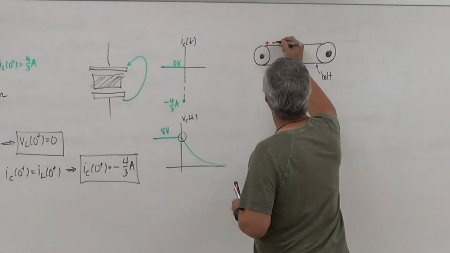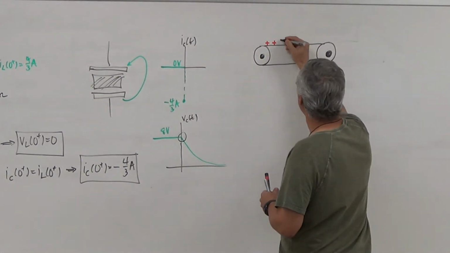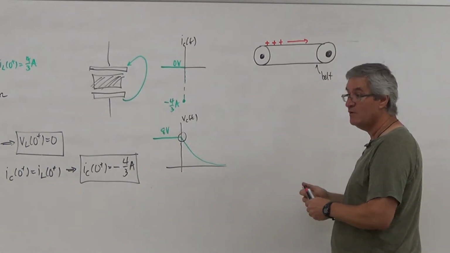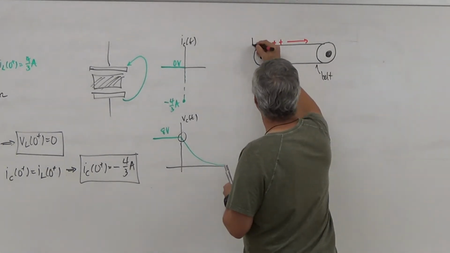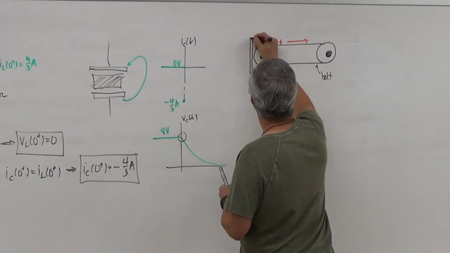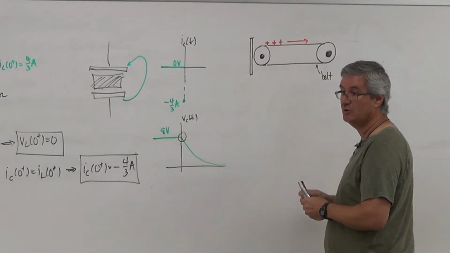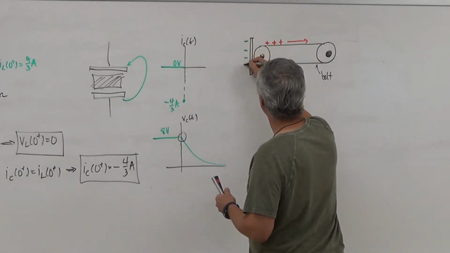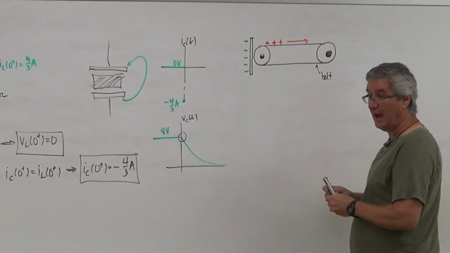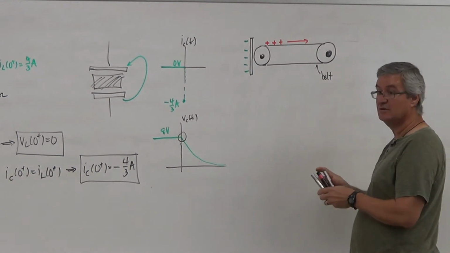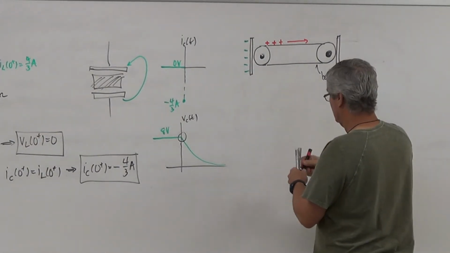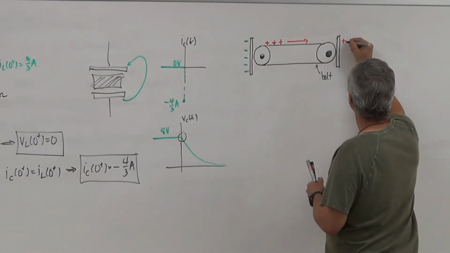So I pull positive charge off of here, and I move it in that direction. As I move it in that direction, what did I take off of? I took positive charge off of here, so what do I have to have? A negative plate. Right? And as I bring positive charge onto this plate, what do I get? I put on positive charge.